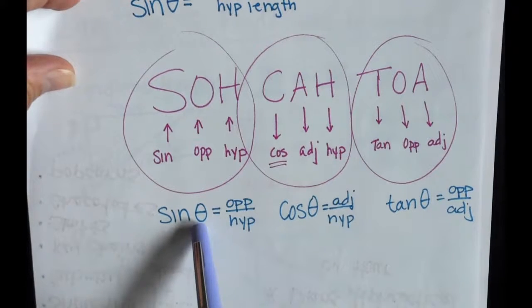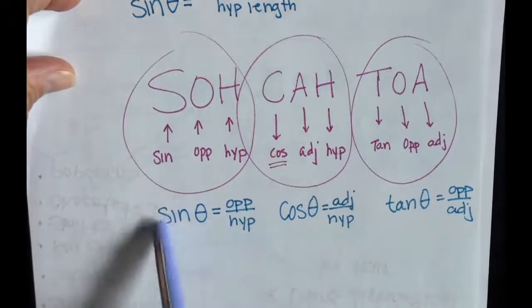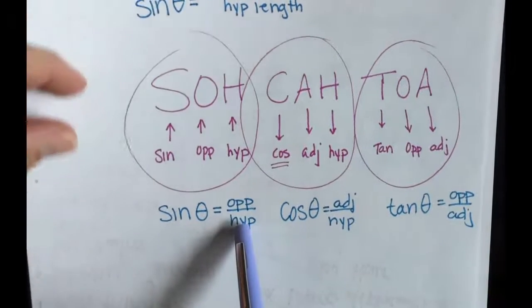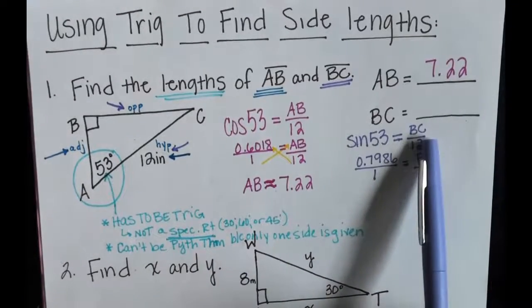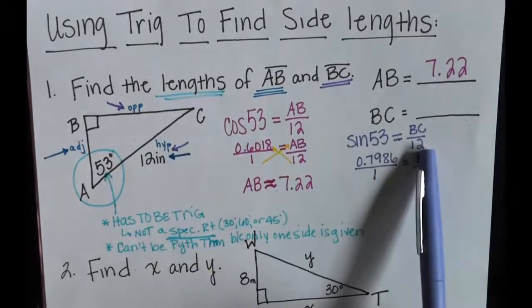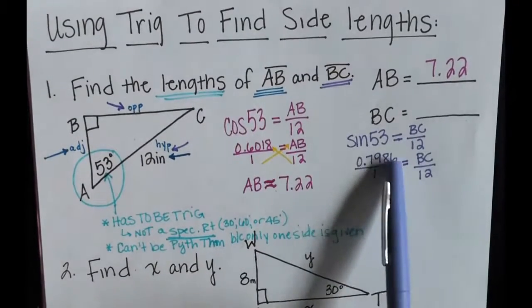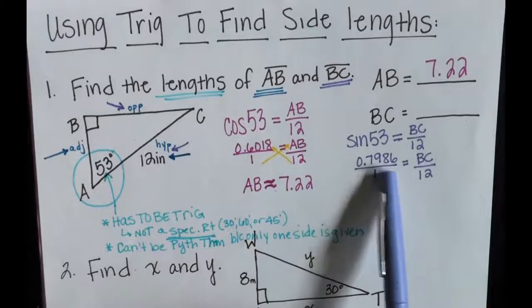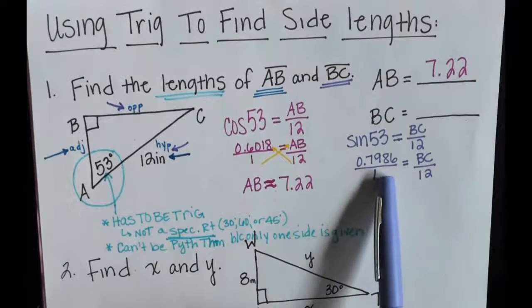Well, I have the angle, I have the hypotenuse, the only unknown is opposite. So that's why we chose this to solve for that side. So sine 53 equals BC over 12, opposite over hypotenuse. We went to our calculator to find what that actual ratio is in decimal form, and then we set it equal to that fraction, creating this proportion.